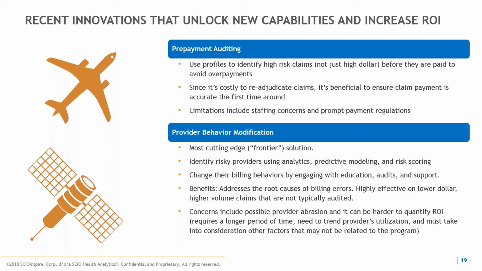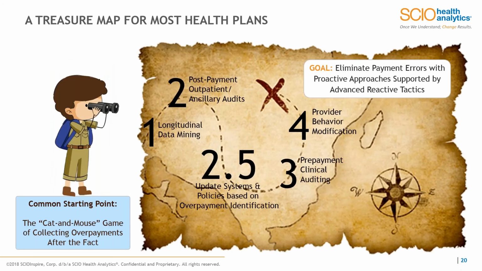As you will see, our explorer also takes a break along the journey to apply insights gained along the way. This includes correcting systems and process issues and possibly addressing payment policy opportunities that are identified through root cause analysis of the payment errors that have resulted in repeated recoveries.